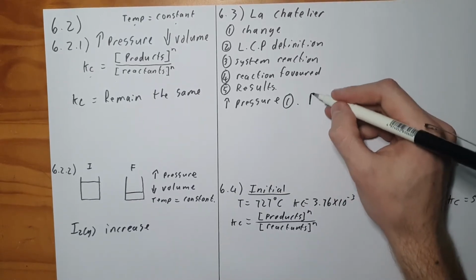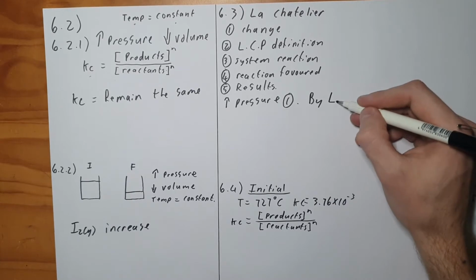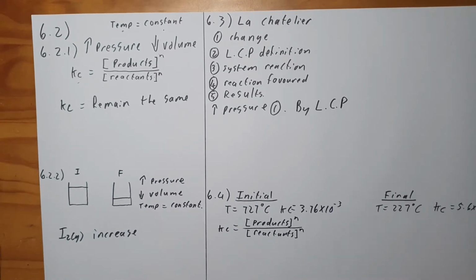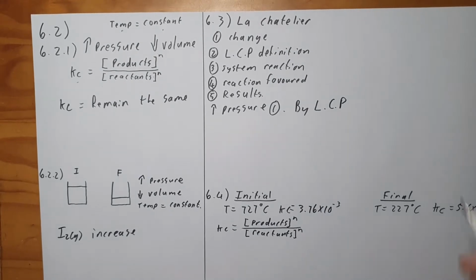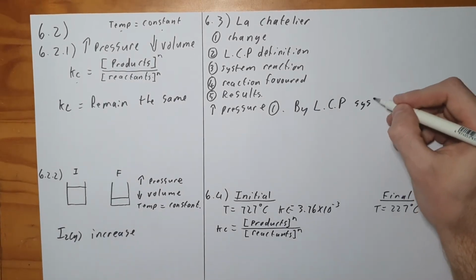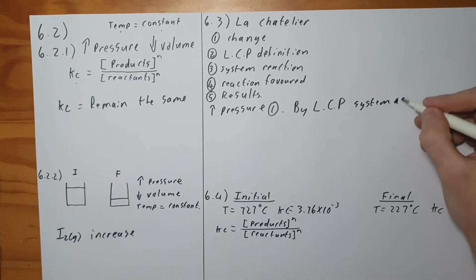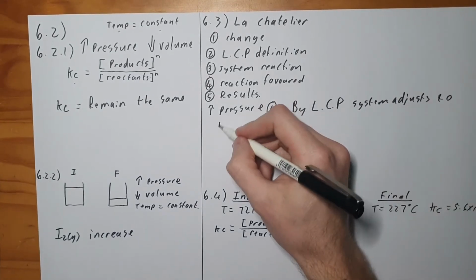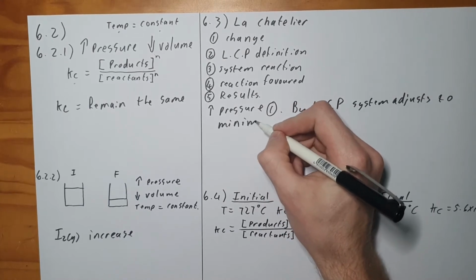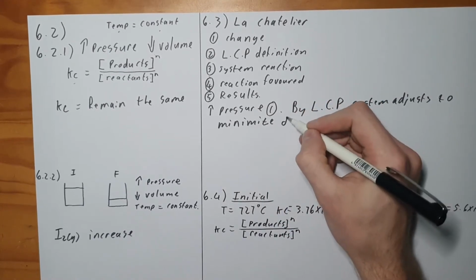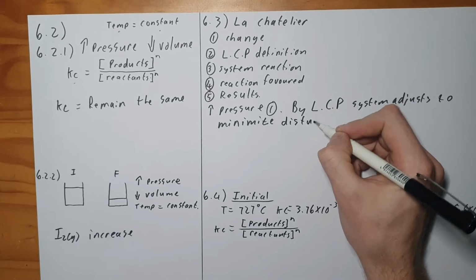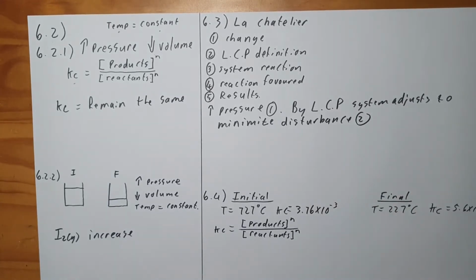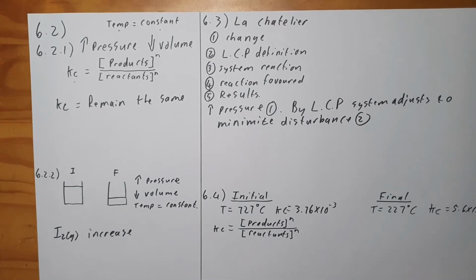Then by Le Chatelier's principle, the system adjusts to minimize the disturbance. That's number 2.